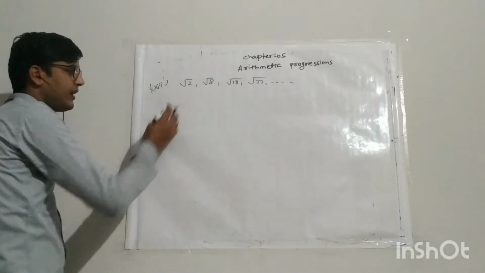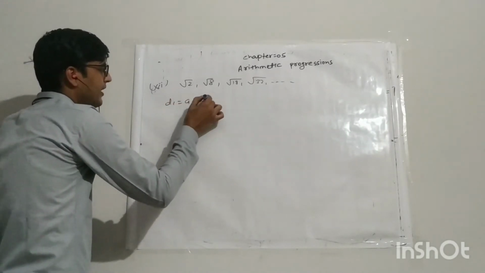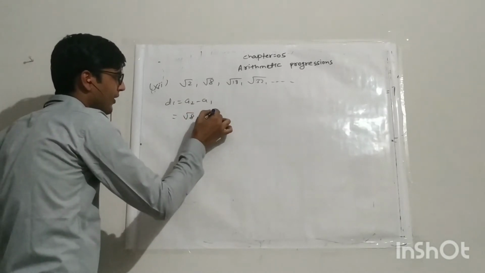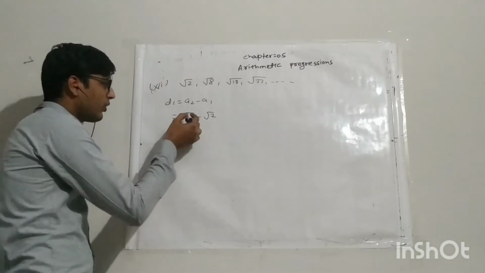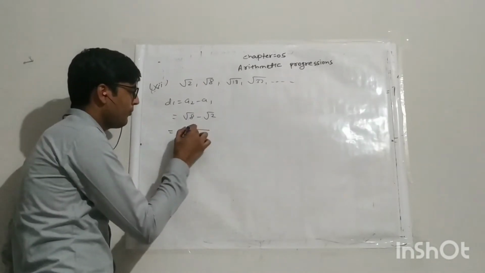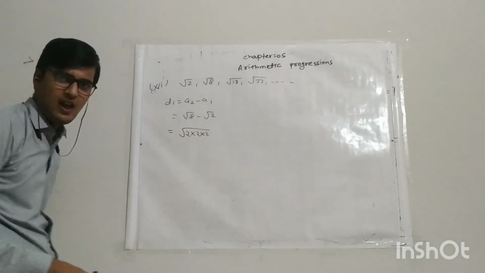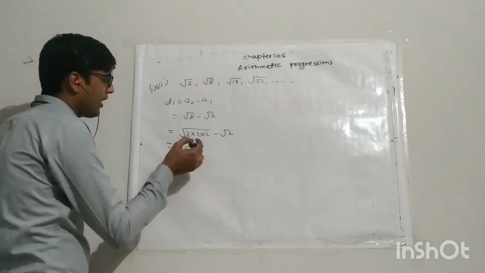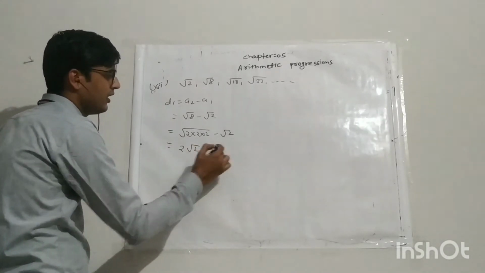We take the common difference. D1 is A2 minus A1. The value of A2 is root 8 and the value of A1 is root 2. I can also write root 8 in this form: 2 into 2 into 2. 2 2s are 4, 4 2s are 8, and this simply gives 2 root 2. So now we take 2 root 2 minus root 2.